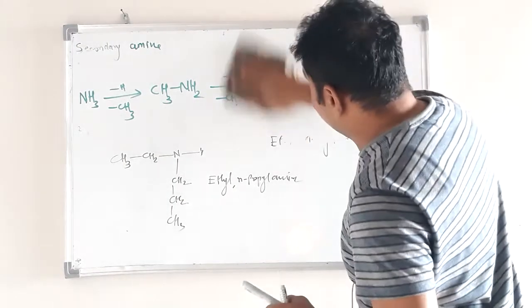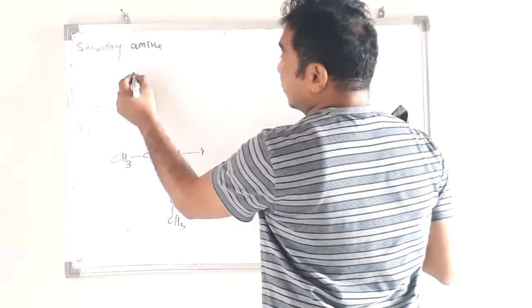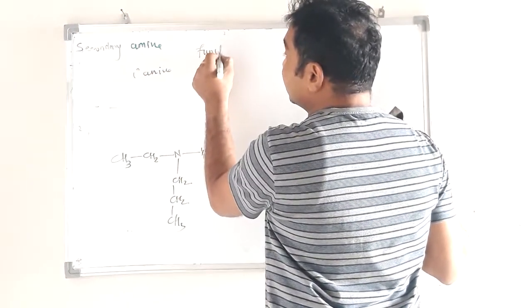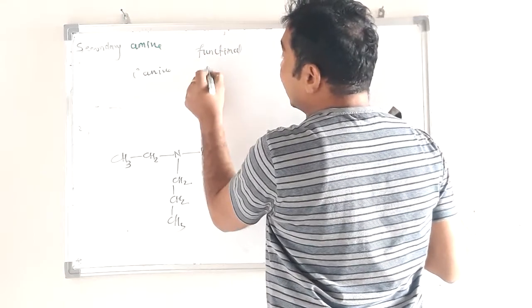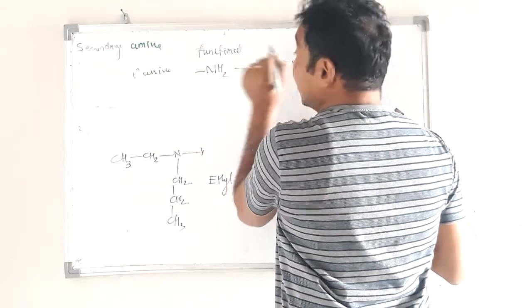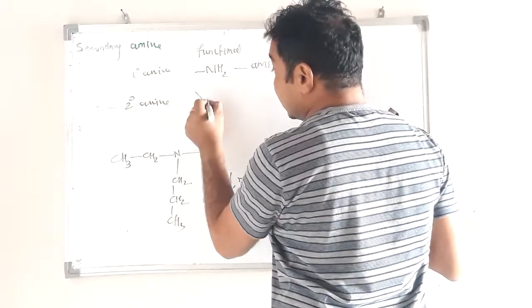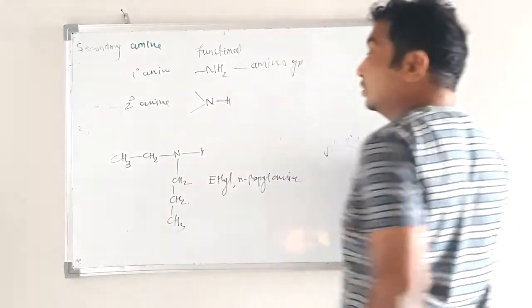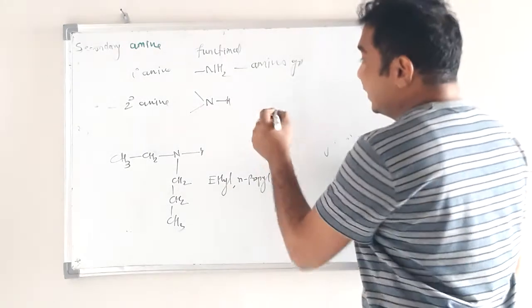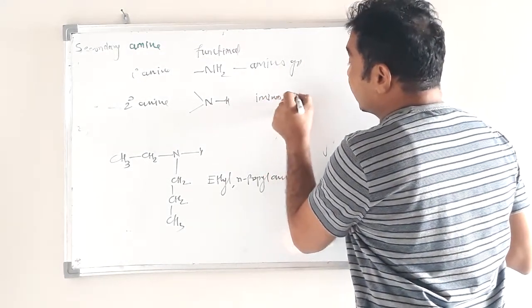Now, I already told you that in primary amine the functional group is NH2, which is known as the amino group. But in secondary amine, remember, the functional group is this: nitrogen having one hydrogen and two free valencies, that is called the imino group.